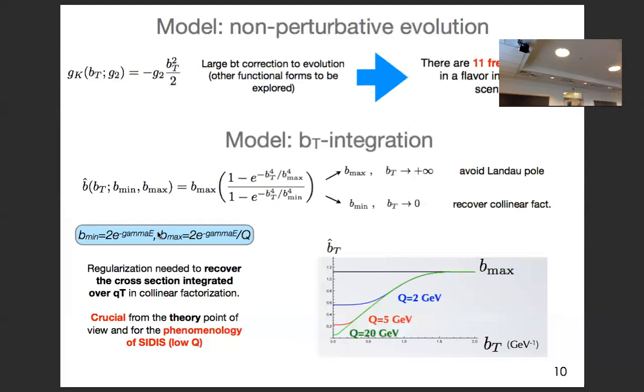We chose to propose this functional form for the b hat, let's say, variable, which behaves like this. You have a b max, which is, oh, sorry, these are interchanged. This is b max and this is b min. b max is 2 times e to the minus gamma Euler, and the b min is 2 times e to the minus gamma Euler over Q, in such a way that our W integral is always from 1 to Q.